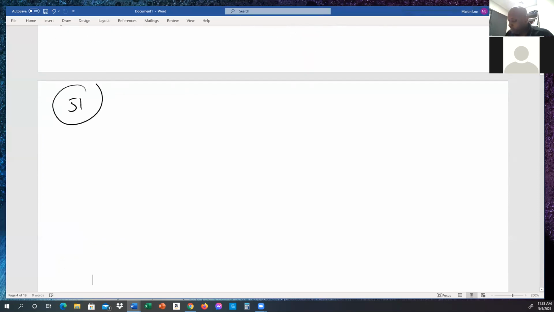Number 51. Factor completely. So you have x to the third minus 5x squared plus 4x minus 20. Let's put parentheses here and here, here and here.